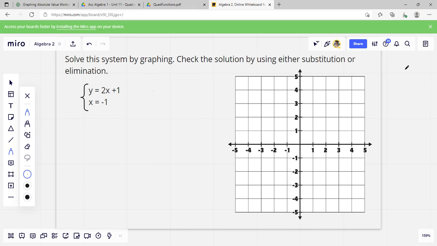So that plus 1 means the y-intercept is at positive 1. And 2x means that 2 over 1 is our rise and run. So I'm going to go up 2 over 1, up 2 over 1. So that should be our line right there.